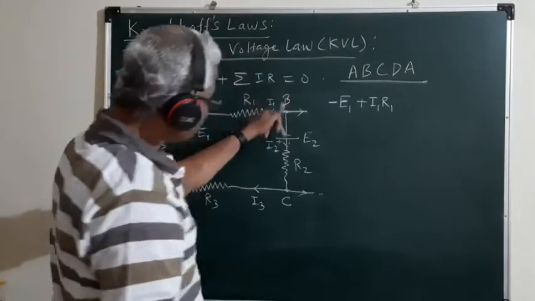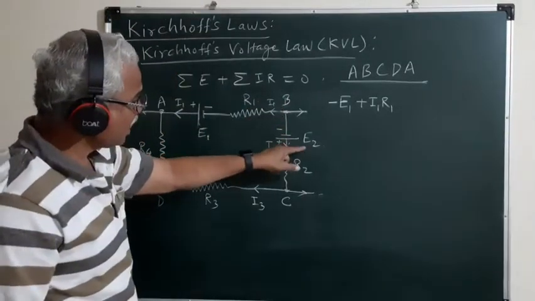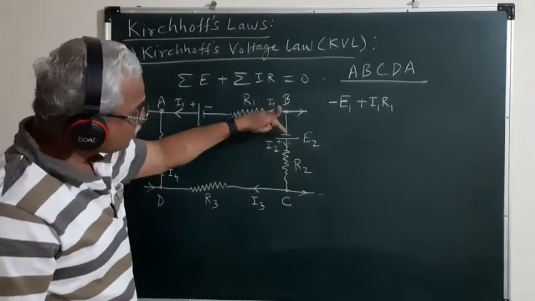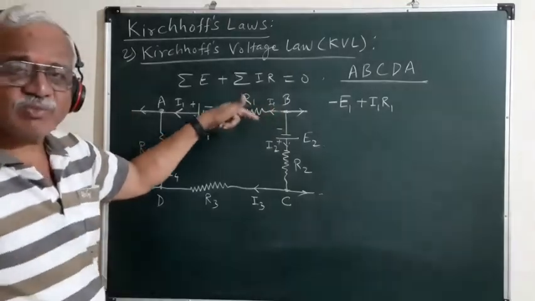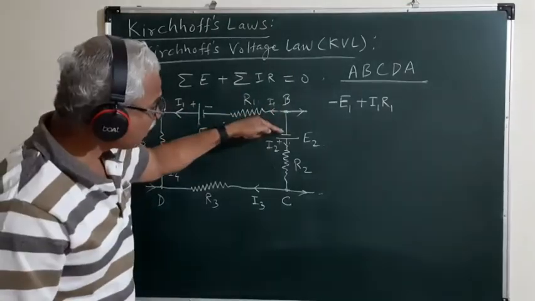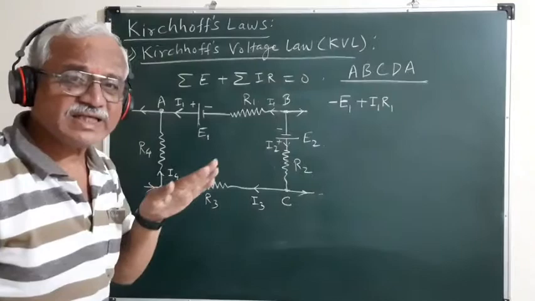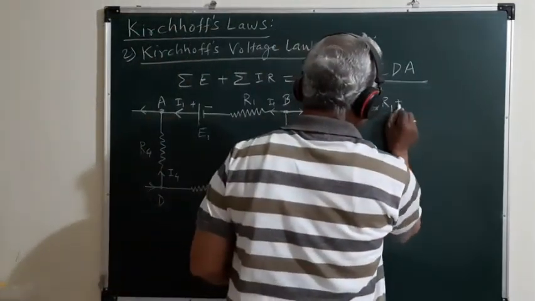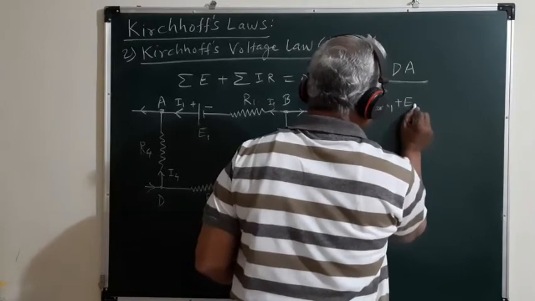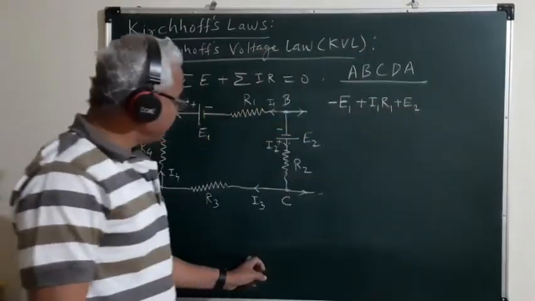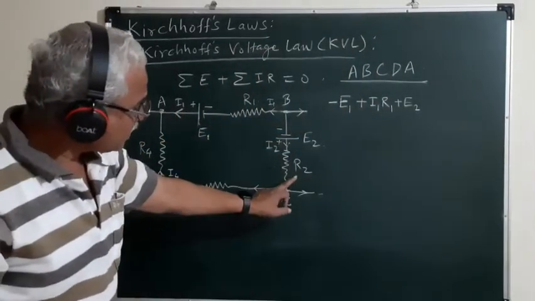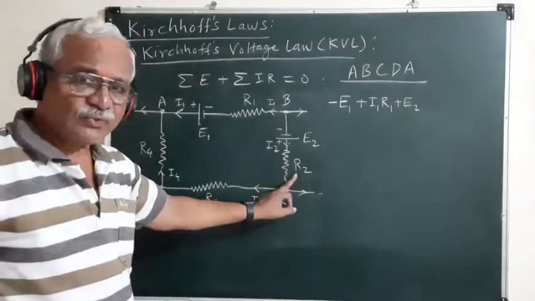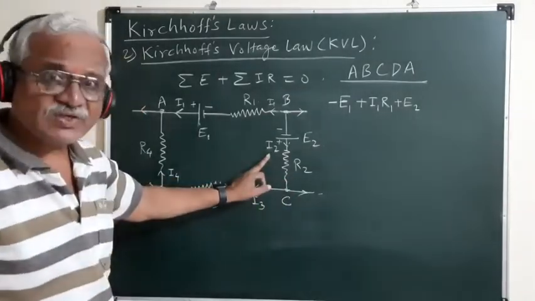Then the next branch contains the source of EMF E2. Here this source of EMF E2 is to be traversed from the negative terminal to the positive terminal, that is in the direction of increasing potential. So the EMF of this source must be taken positive. So it is plus E2. Then next we have the resistance R2 through which the current I2 is flowing.